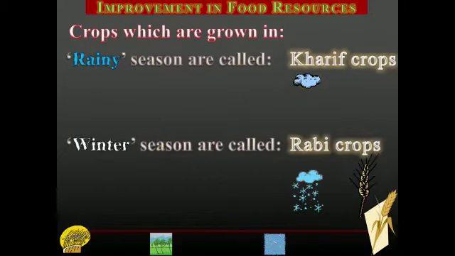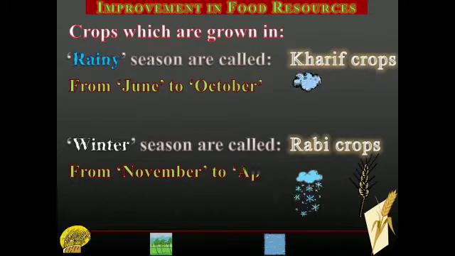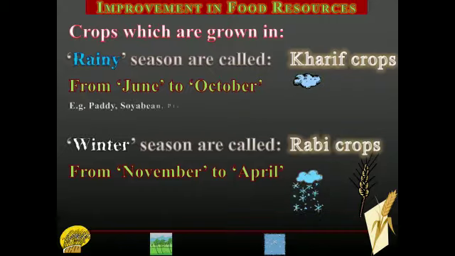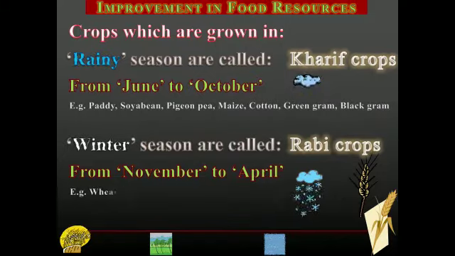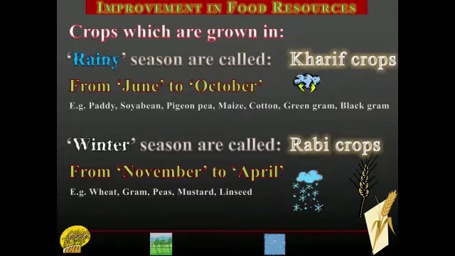Now, what is rainy season? That is from June to October, whereas from November to April, there is Rabi season. Now, let's see its examples. Example of Kharif crops is paddy, soybean, etc. Whereas that of Rabi crops are wheat, gram, pea, mustard, etc.